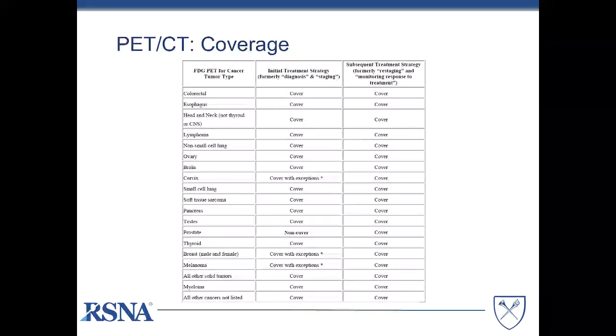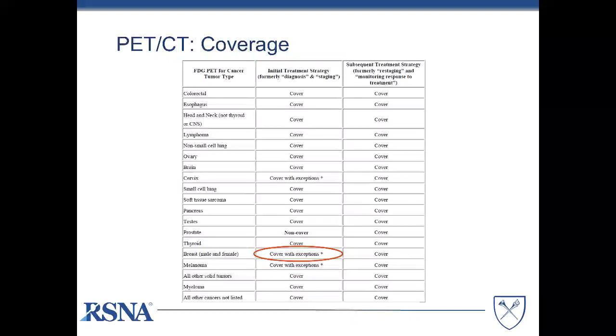PET CT also has some nuances when it comes to coverage. For instance, in the chart, you can see that PET CT is covered as part of the initial treatment strategy for a number of malignancies, including colorectal, esophageal, head and neck cancer, and so on. But what about breast? The answer is, it depends.